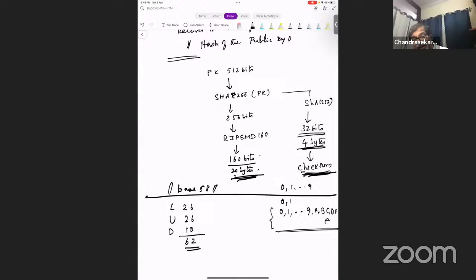That is the reason why I eliminate 4 symbols and have only 58 symbols. I will convert the complete bit string, or byte string, whatever you call it, to base 58, and then I will have the representation in terms of the 58 base digits.